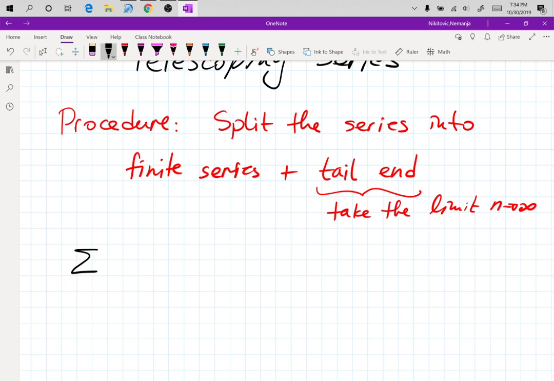You can start it anywhere. So let's start at, let's say, 1 to infinity, and let's say you have 1 over n minus 1 over n plus 2.